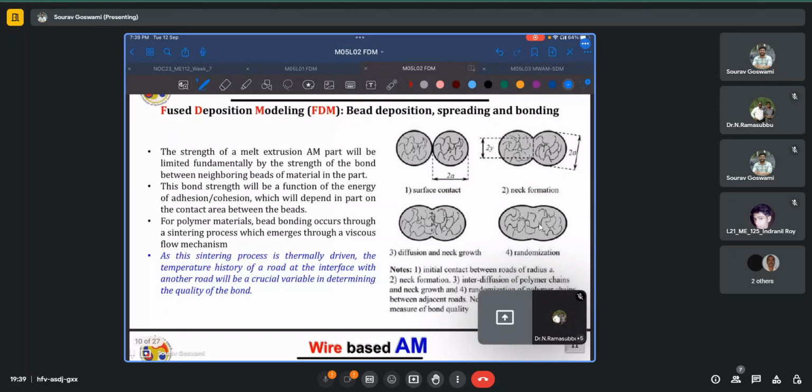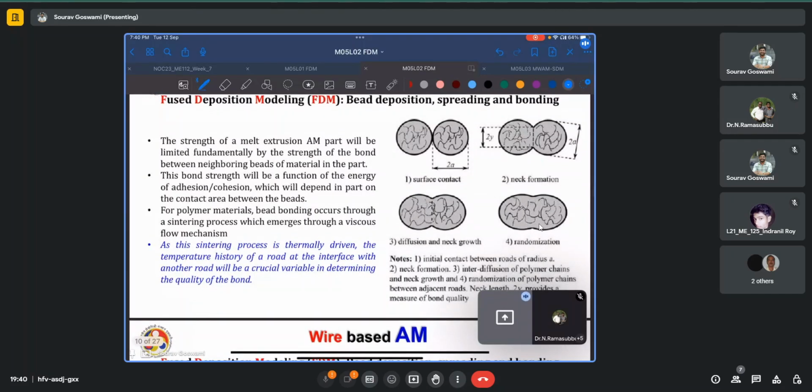Now, say these are two adjacent tracks which were deposited. Here it is being said that the strength of the melt extrusion would be limited fundamentally by the strength of the bond between neighboring beads. As we discussed, the bond strength will be a function of the energy of adhesion. If they are of different materials, say M1 and M2, the forces of adhesion would be responsible.